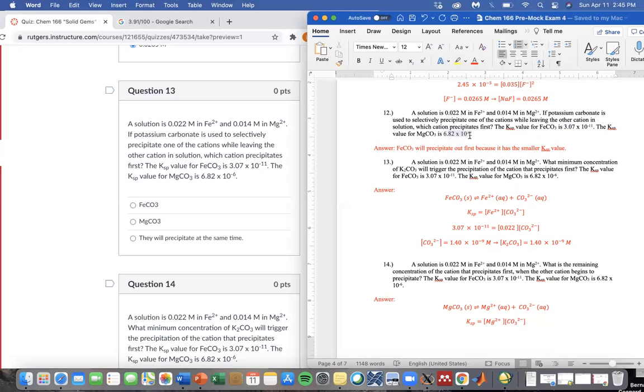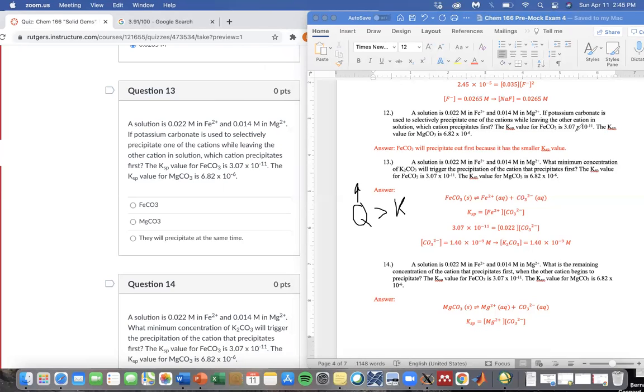And so in order to solve for which one is going to precipitate out first, it's going to be the smaller KSP value. The reason for that is that the precipitate starts to form when Q is greater than K. Once Q is greater than K, you're going to have a precipitate. So whichever one you're able to raise the Q value above the K value first is going to be the one that precipitates out first.